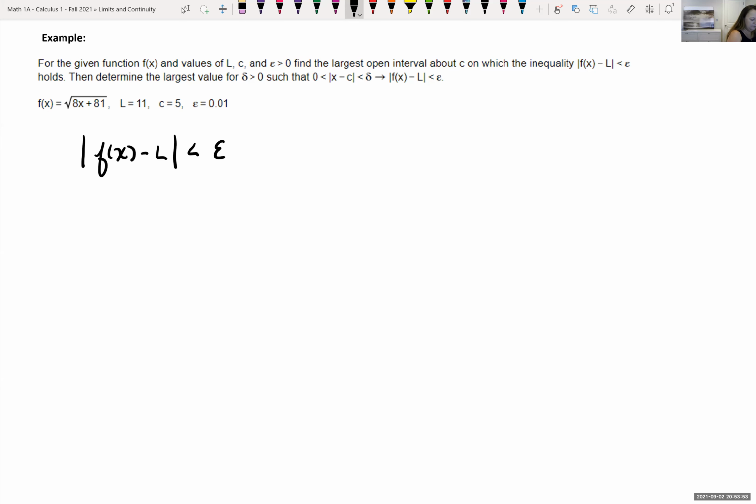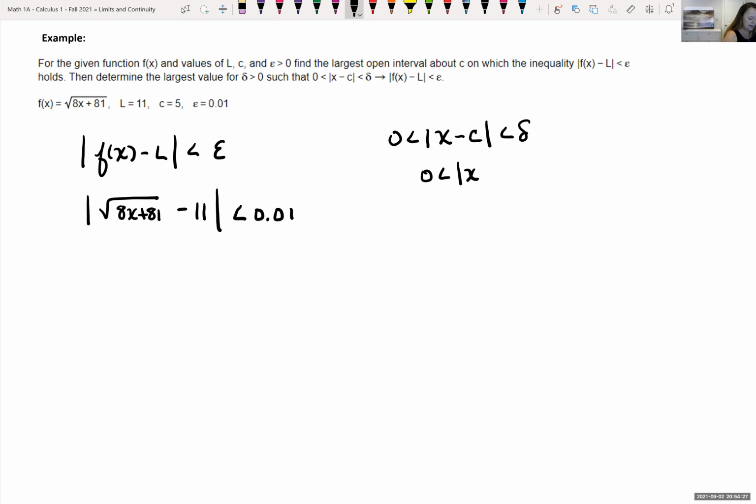Okay. So we're going to start with looking at the absolute value of f of x minus L is less than epsilon. Our f of x value is the square root of 8x plus 81 minus my L value, which is 11. I want this less than epsilon, which is 0.01. I also want to look at what I'm trying to aim for. I'm looking at the absolute value of x minus c less than delta, and c in my case is 5.